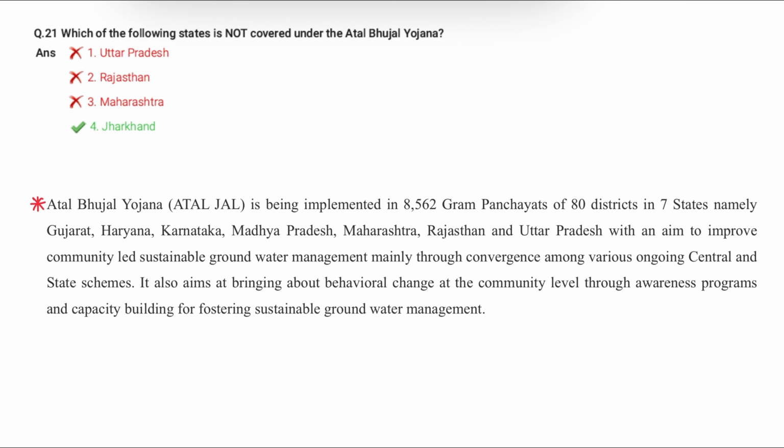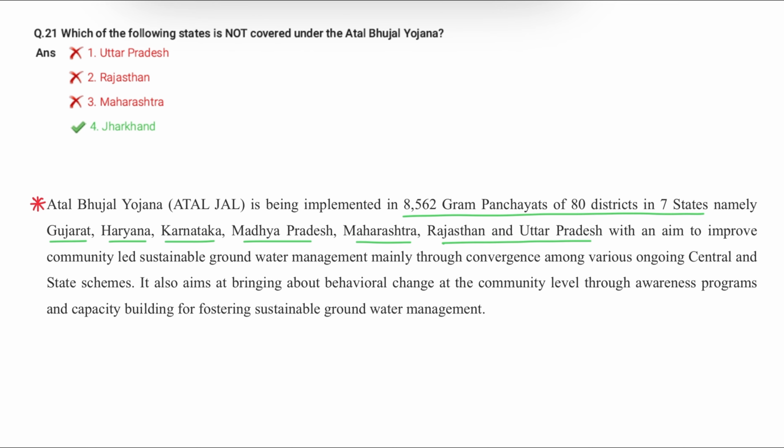Question number 21. Which of the following states is not covered under Atal Bhujal Yojana? The Atal Bhujal Yojana is being implemented in 85,062 gram panchayats of 80 districts in 7 states, namely Gujarat, Haryana, Karnataka, Madhya Pradesh, Maharashtra, Rajasthan, and Uttar Pradesh, with an aim to improve community led sustainable groundwater management mainly through convergence among various ongoing central and state schemes.